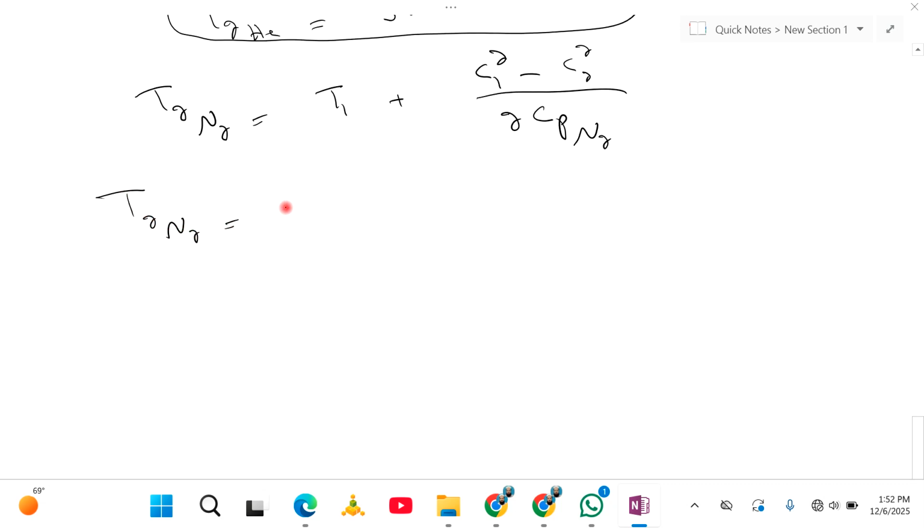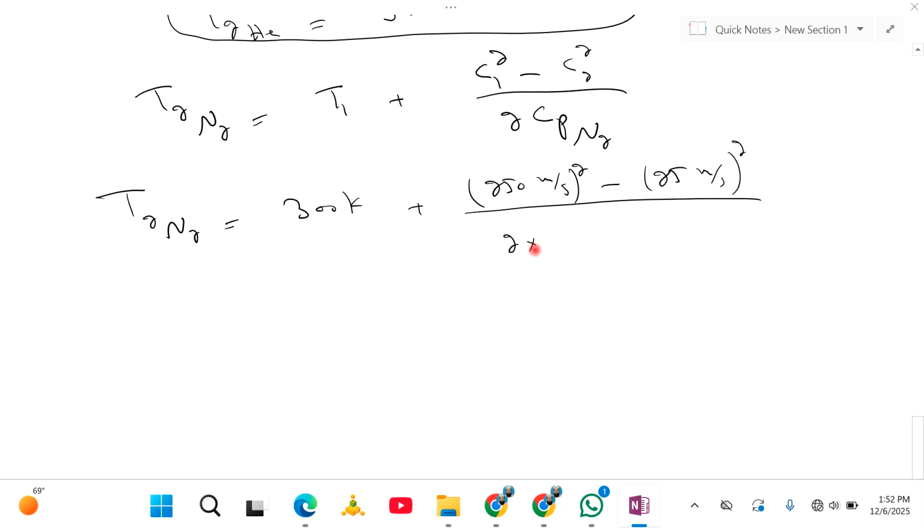Putting values, T1 is equal to 300 Kelvin, C1 is 250 meter per second whole square, C2 is 25 meter per second whole square, divided by 2 multiplied by Cp of nitrogen, 1.039. Kilo is equal to 1000, and joule is equal to Newton meter.